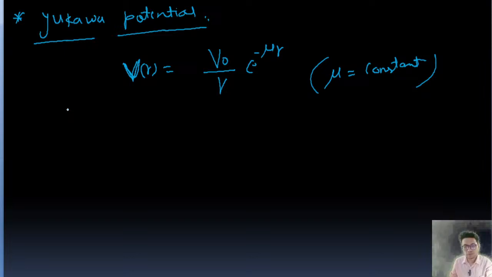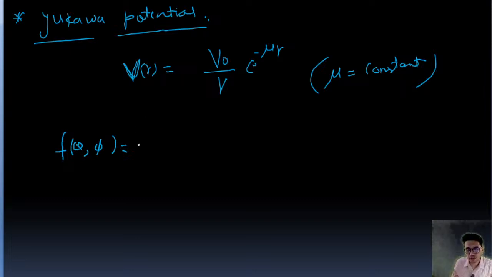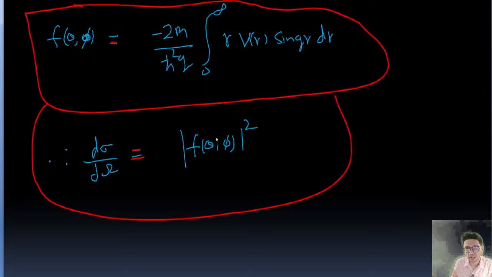Okay, guys, so now we'll find the scattering amplitude f, which is a function of theta and phi. We have been given V(r), the Yukawa potential, right? We'll first find the scattering amplitude, then we'll find the differential cross section. We know the formula of the scattering amplitude, right? So that is this one, guys.